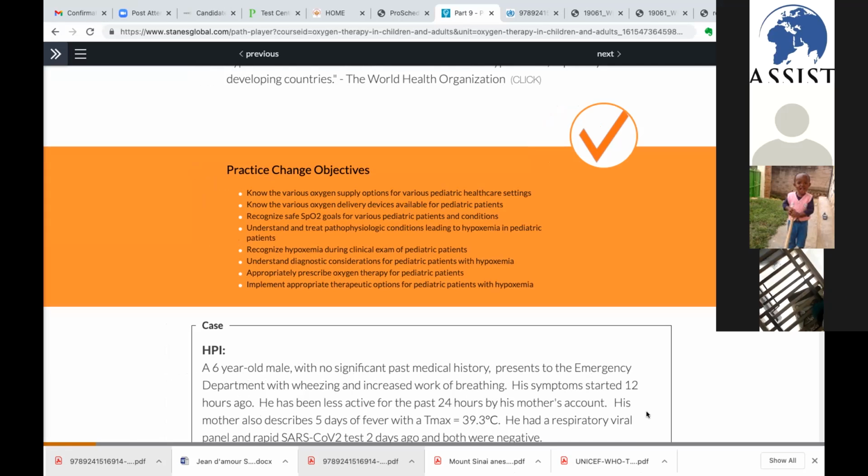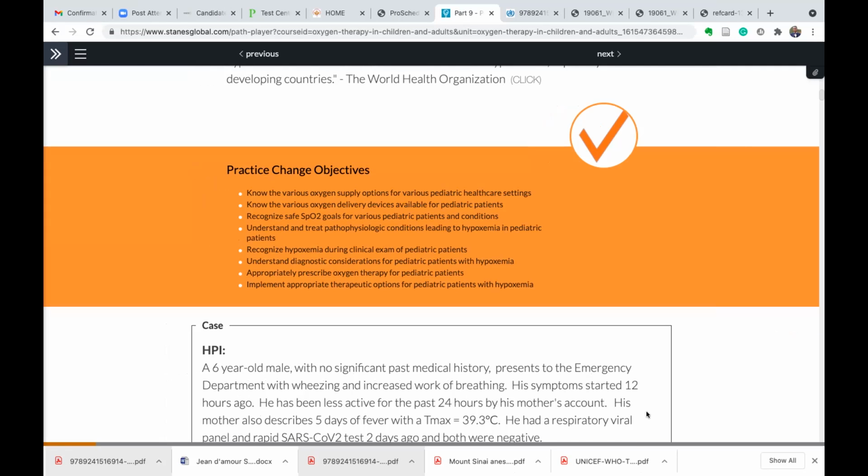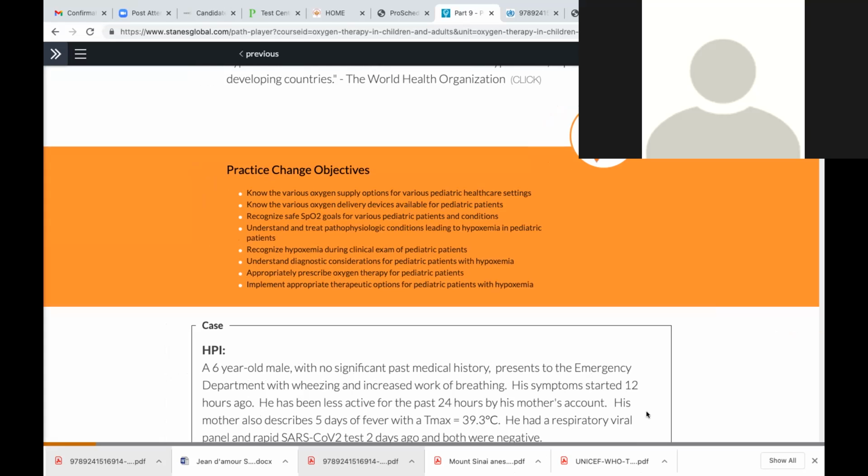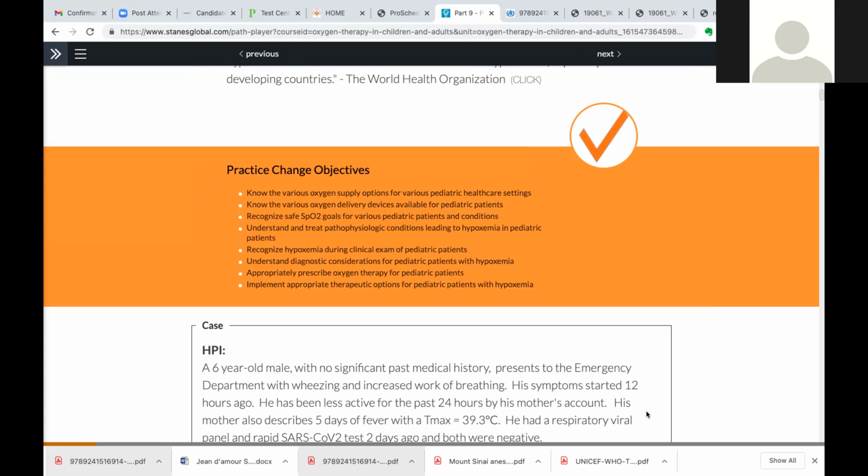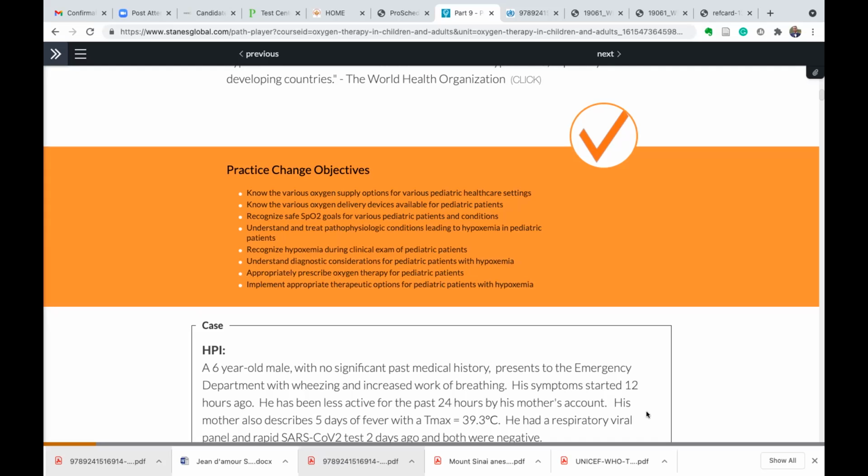We need to be able to recognize safe SpO2 goals for various pediatric patient conditions. We need to understand and treat pathophysiologic conditions leading to hypoxemia in pediatric patients. We need to recognize hypoxemia during clinical exam of a pediatric patient, and understand diagnostic considerations for a pediatric patient with hypoxemia.